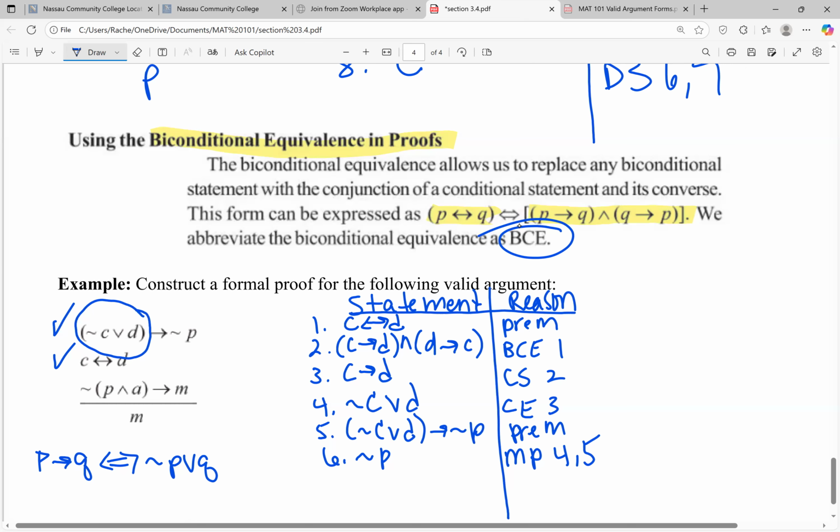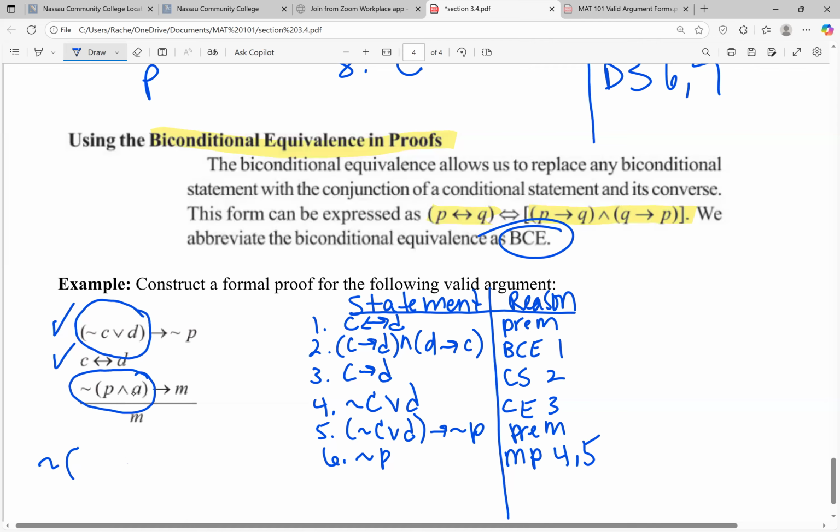So I'm thinking, okay, let's look at the left-hand side of this premise. What is this equivalent to? So I'm thinking De Morgan's, right? For the left, what would be equivalent to that left-hand side? Not P and A, right? Let's just get rid of this down here.